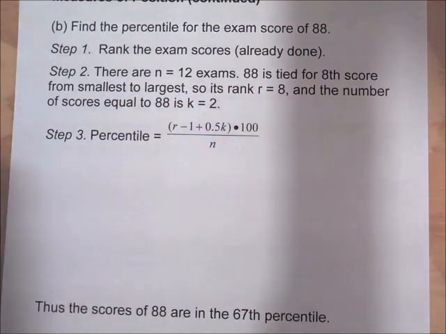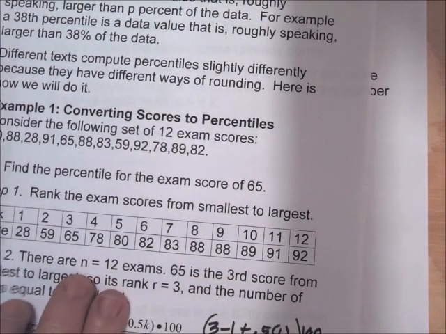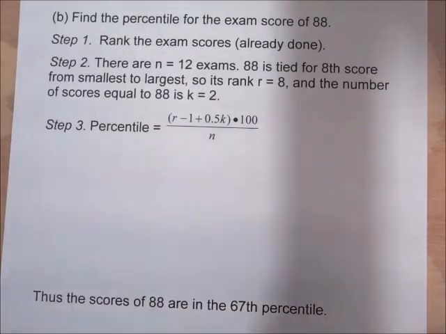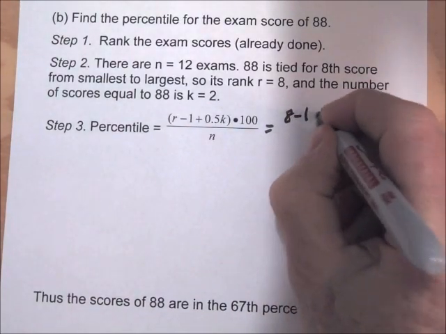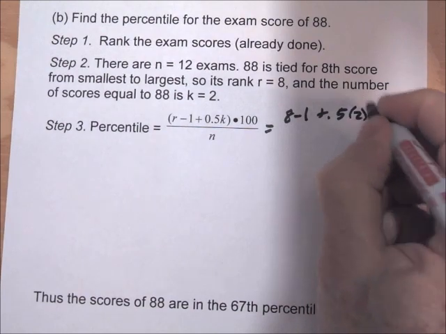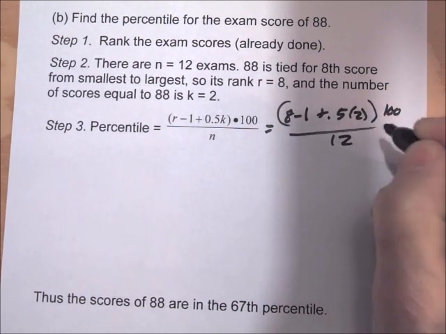So this is going to be 8 minus 1 plus 0.5 times 2, times 100, divided by 12.